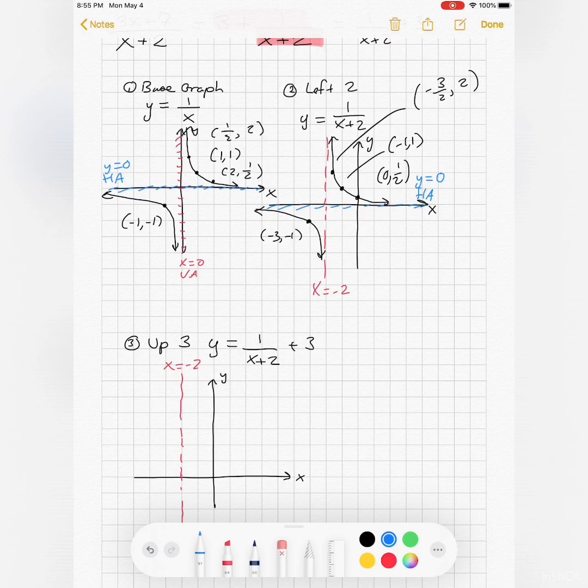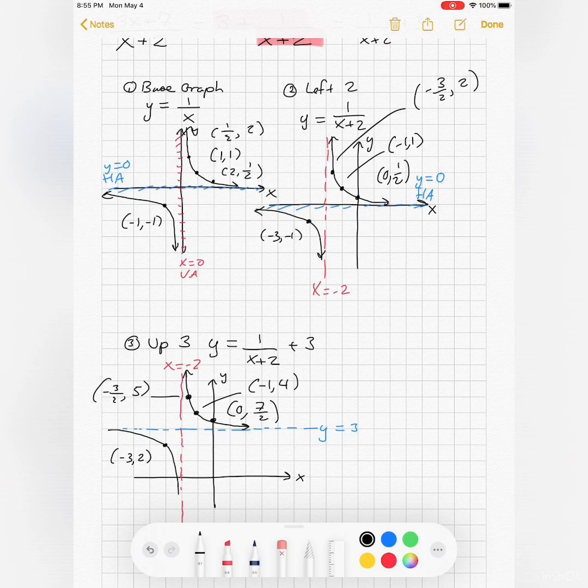The horizontal asymptote shifts up 3. Then the points: 0, 3.5; -1, 4; -3/2, 5; and -3, 2. All right, and then I have the final graph of my function.